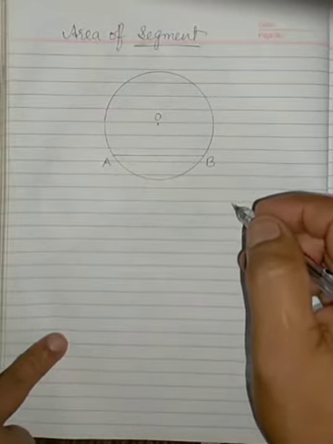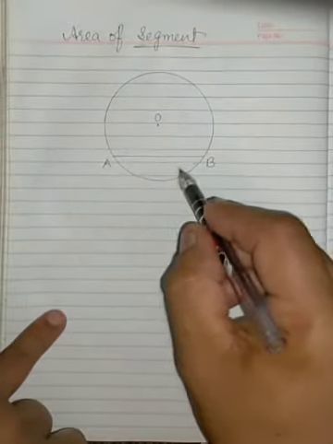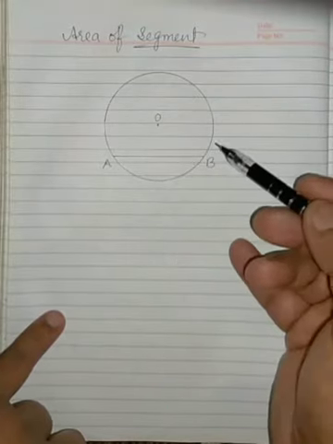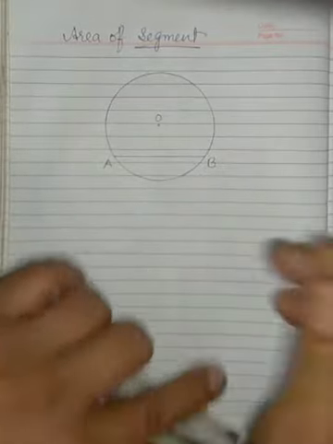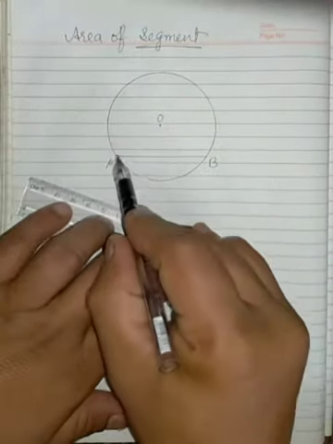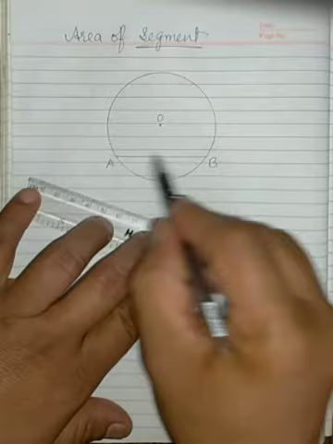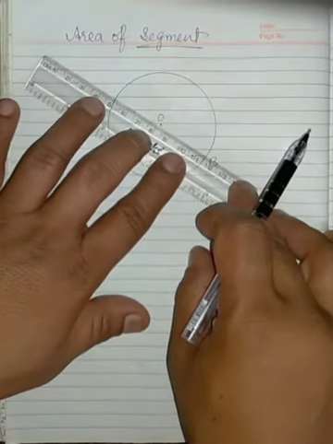To get the formula for the area of the segment, basically we don't have any direct formula for this. So for finding out the area of the segment, what we will do is join the endpoints of the chord, A and B, to the center.